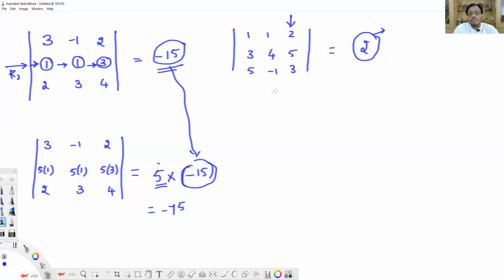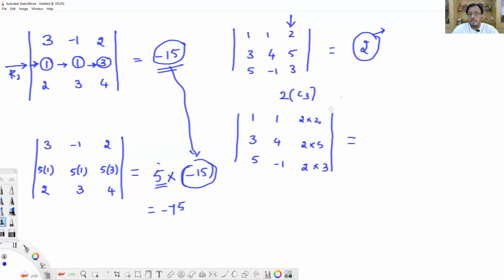Suppose I have decided to multiply column 3 by 2. So the column 3 entries become 2 times 2, 2 times 5, and 2 times 3. The constant number is 2.